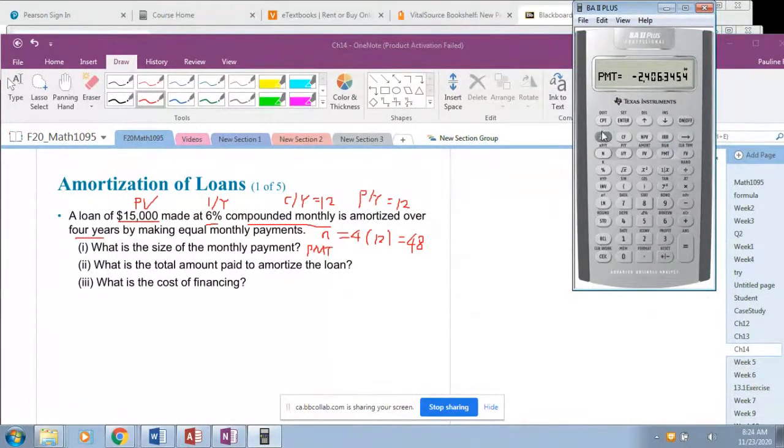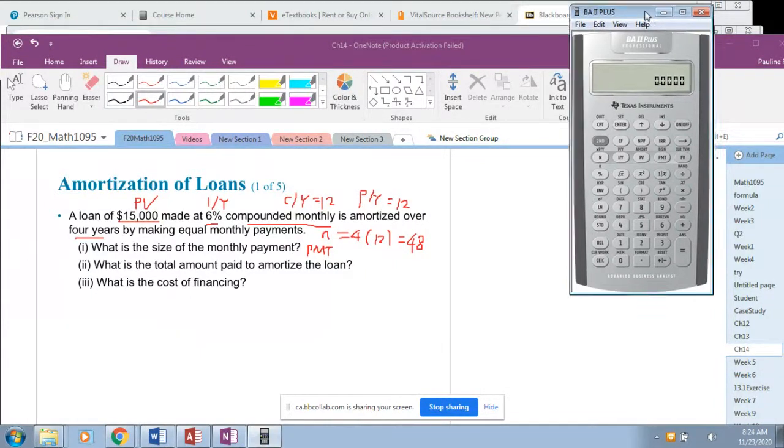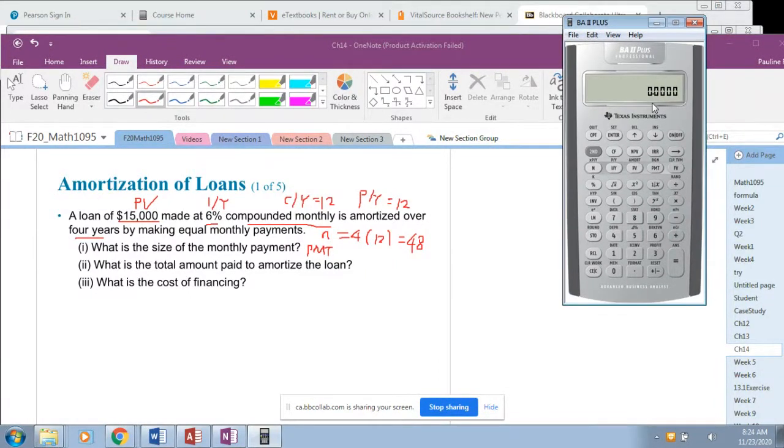I will start with second quit, and make sure it is in END mode. And then set PY: second PY 12, enter, down arrow key, CY also 12, enter.